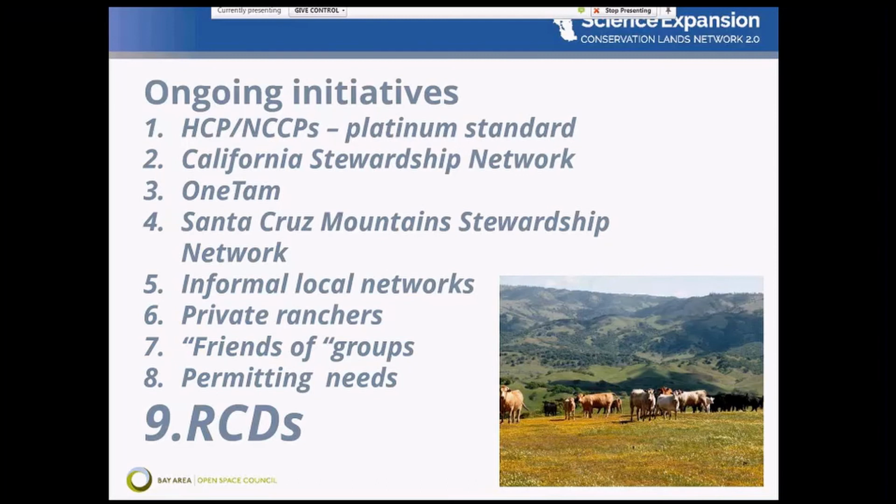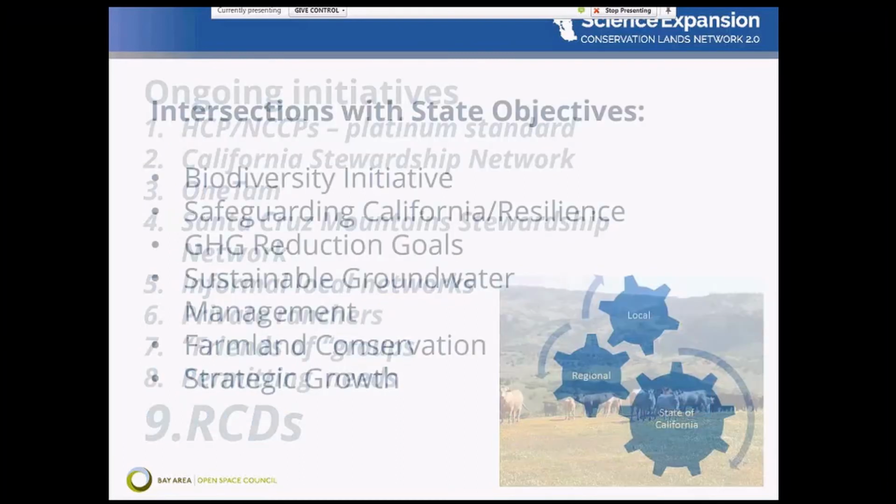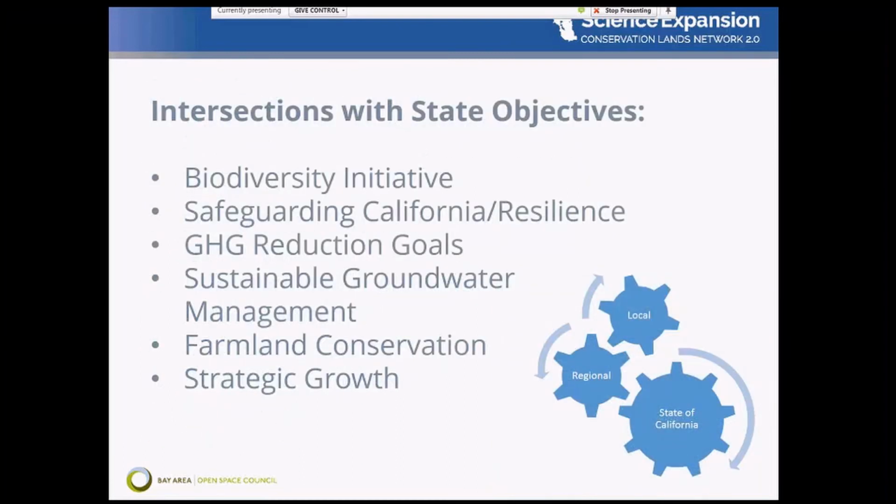Great. And then looking maybe up one scale, looking at the state, I think the Conservation Lands Network supports many of the state's objectives with respect to the biodiversity initiative, its resiliency work, safeguarding California, greenhouse gas reduction goals, sustainable groundwater, farmland, strategic growth.